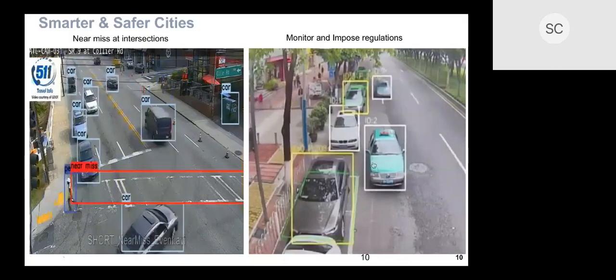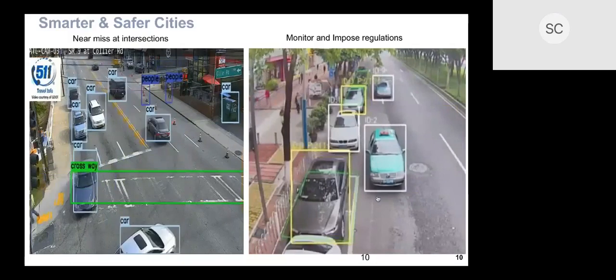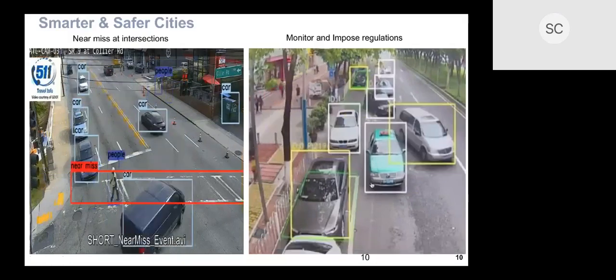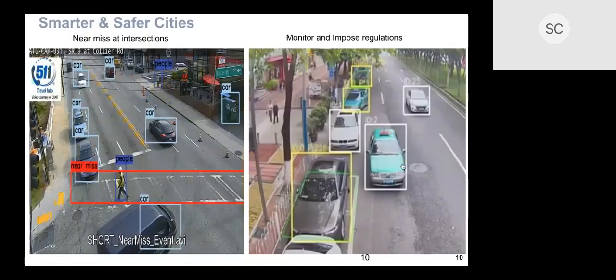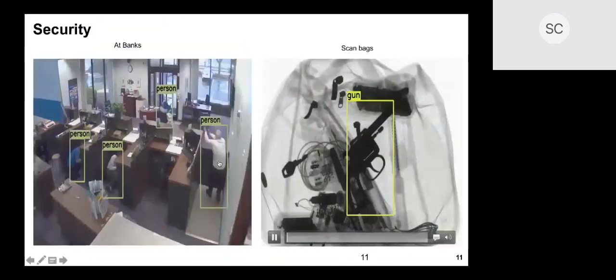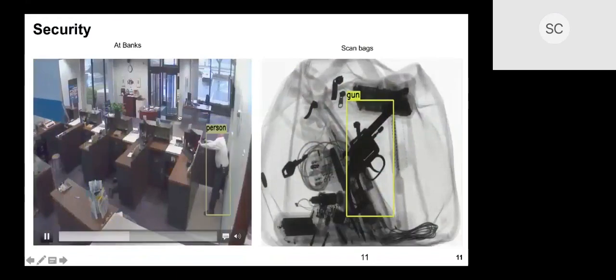So here is a story that I tried to tell in the space of security. Imagine a story in a bank. You have a person with a mask, and then people with guns, and then there's a shootout out here. And you wouldn't want the bank employee to risk his or her life and call 911.